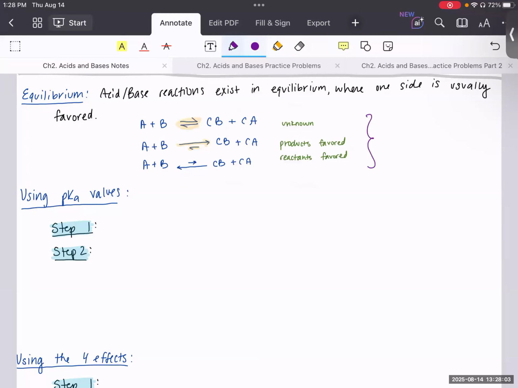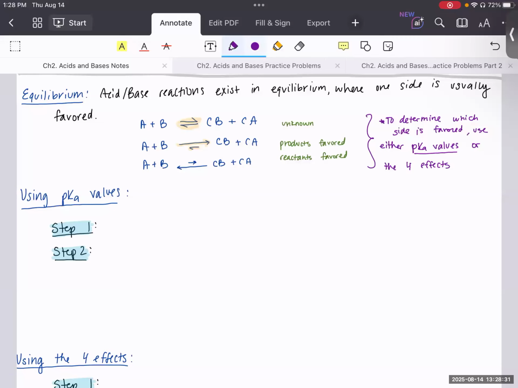We can either use pKa values. So that's option one. Or the 4 effects that we talked about in the previous video.